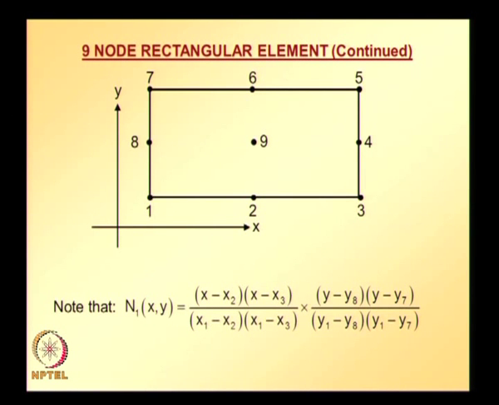If you see this expression for the shape function of node 1, it can be easily verified that N1 is equal to 0 at all other nodes except node 1, where it is equal to 1.